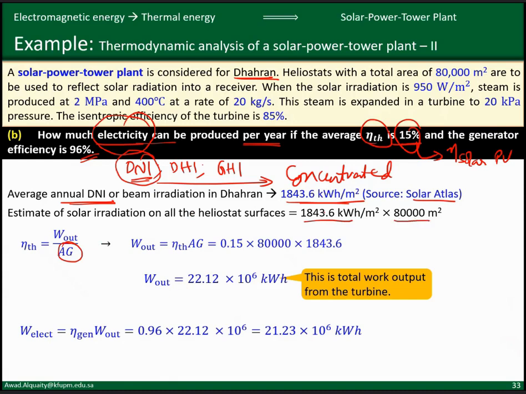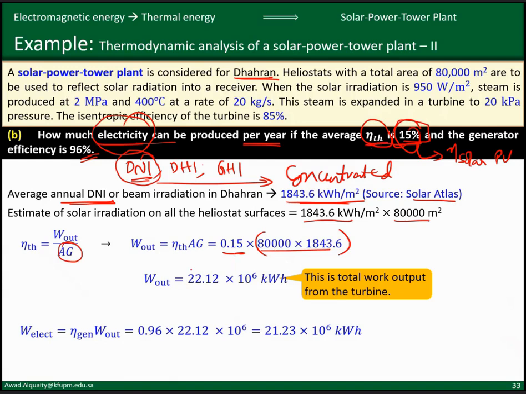This gives us the total amount of solar radiation that's hitting the heliostats. Out of this total amount reaching the solar tower plant, 15% gets converted to the work output, not to electricity, sorry, because we're talking about the thermal efficiency of the turbine.